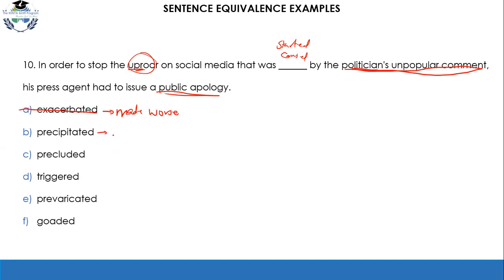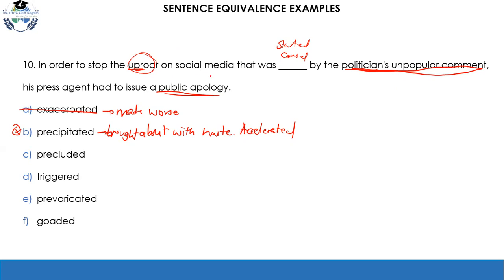Precipitated was brought about with haste, or also accelerated. So this one could work for us, right? So the politicians' comment precipitated, right?